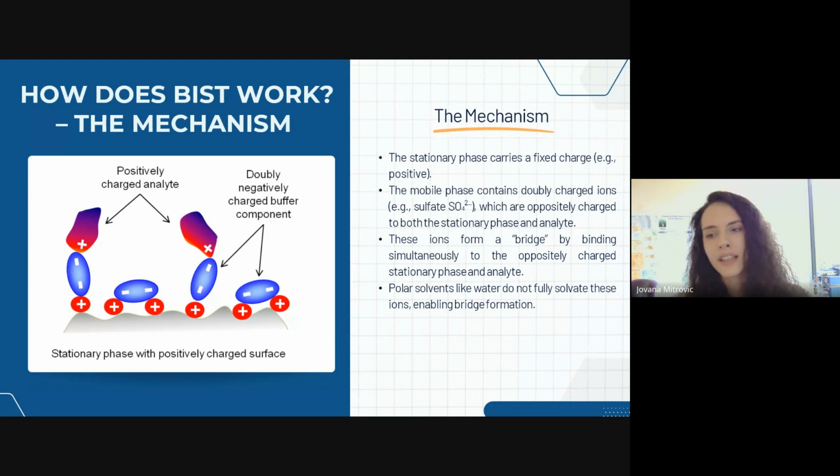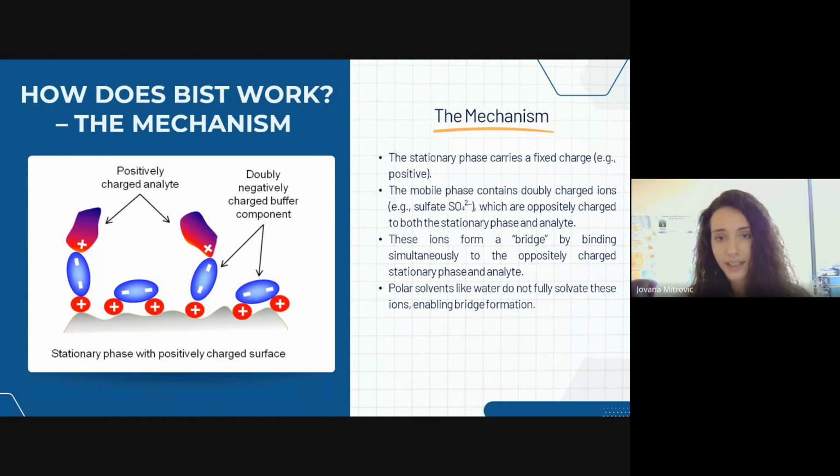And this is where the key mechanisms come into play. The sulfate ion forms an ionic bridge between the analyte and the stationary phase, effectively overcoming the natural repulsion. It's a two-point electrostatic interaction that enables the analyte to anchor to the column surface despite having the same charge.